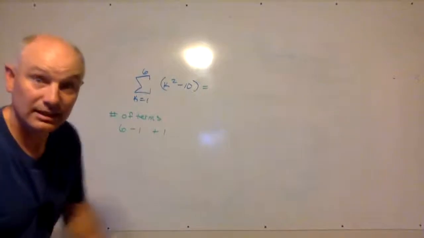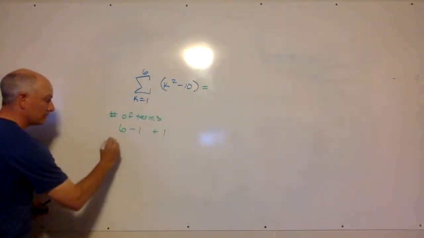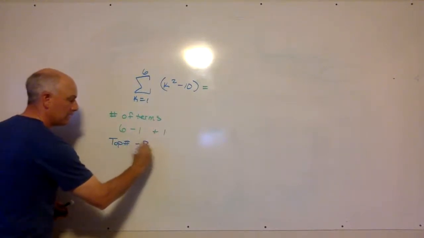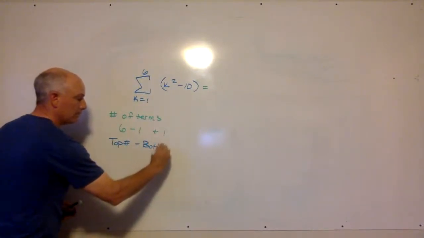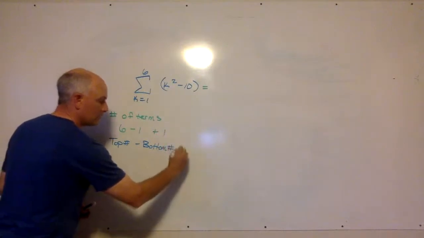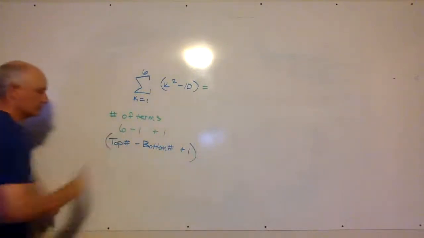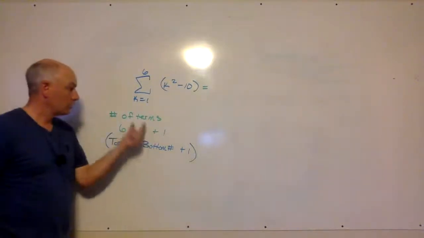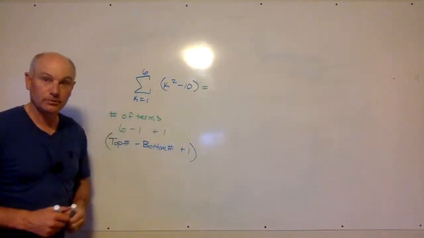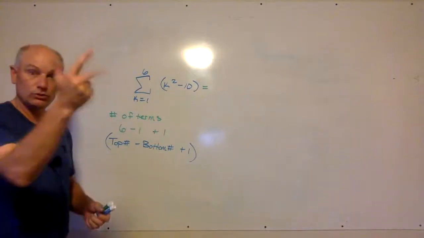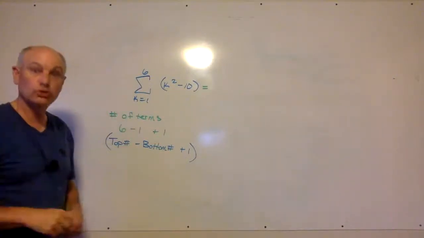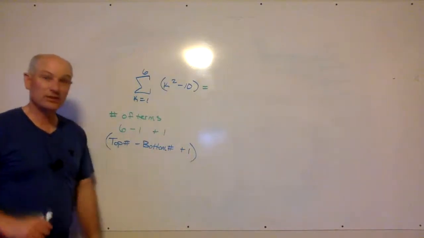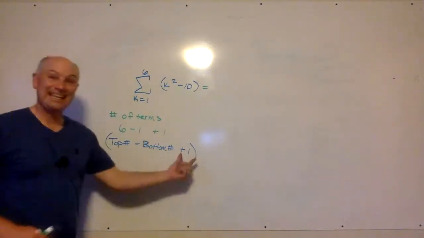So in the grand scheme of things, the top number minus the bottom number plus 1. Okay? Now we add the 1 because you're using the first term. Okay? 1, 2, 3, 4, 5, and 6. You use the first term. So you can't just take the difference. You have to find the difference, and then add 1.